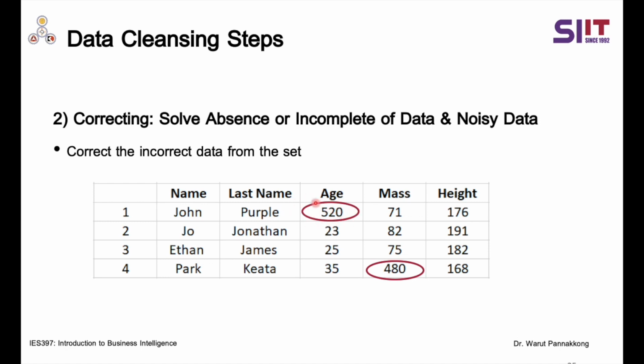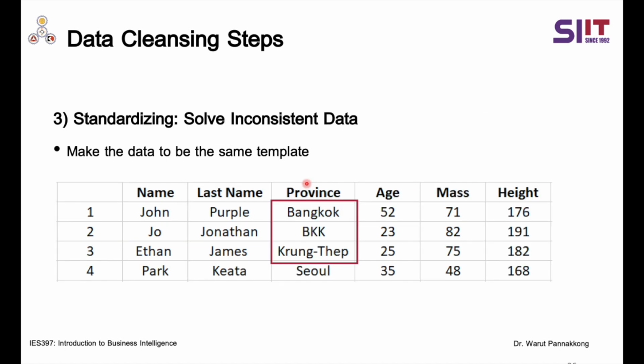But anyway, it still doesn't make sense. So we can see this and do something about it. Maybe either remove this person, or replace this with something else, which we will discuss later. But at this step, we just try to identify which data doesn't make sense, that we need to do something about.